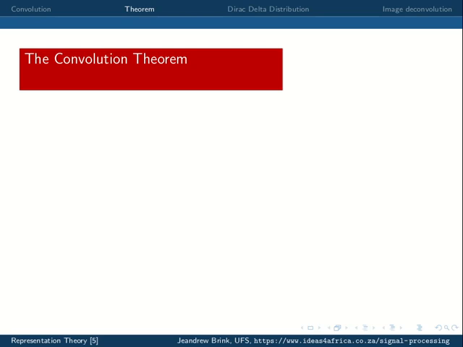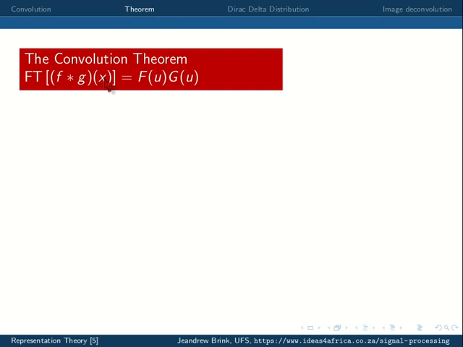But there's an easier way of doing it, or there's a very good relationship between convolution and the Fourier integral. So the convolution theorem is a theorem that governs how the Fourier transform of the convolution is related to the Fourier transforms of the individual functions. The main thrust of the convolution theorem states that the Fourier transform of the convolution of two functions is simply the product of their Fourier transforms, which makes things easier, because in real space working out the convolution is hard.